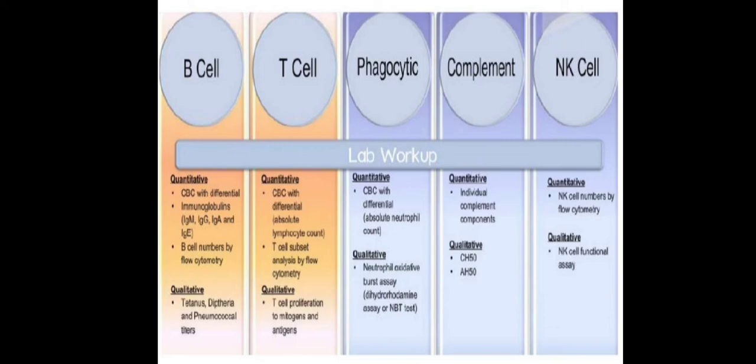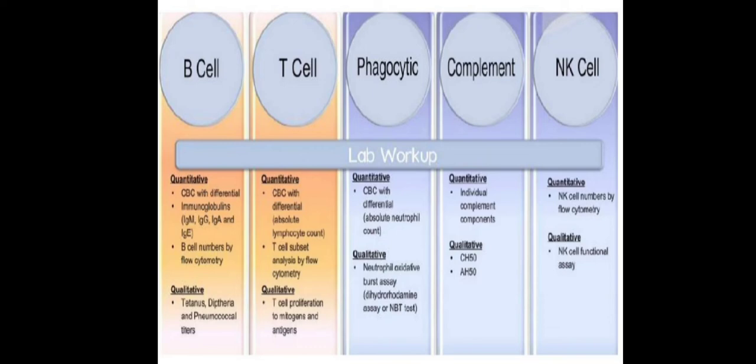Regarding T cells, quantitative tests are CBC with differential counts and flow cytometry, and to qualify, we do T cell proliferation to mitogens and antigens. With regard to phagocytes, quantitative test is CBC with differential count, and qualitative test is neutrophil oxidative burst assay, or NBT.